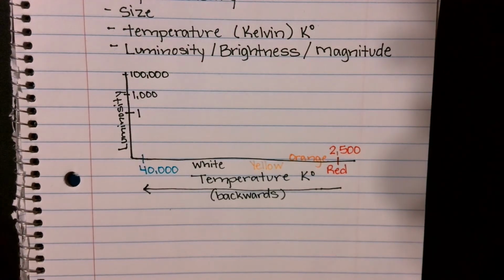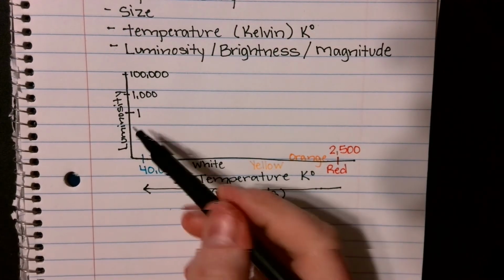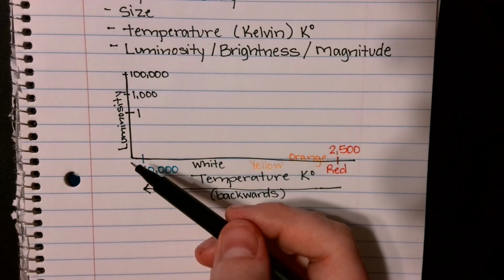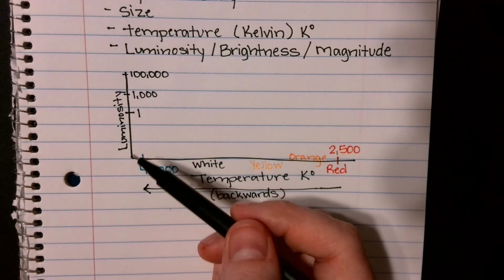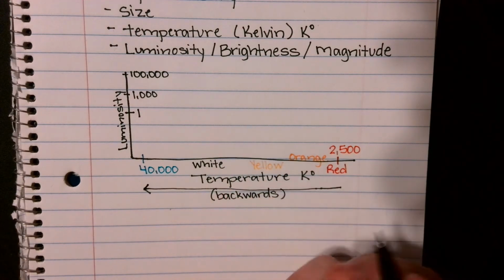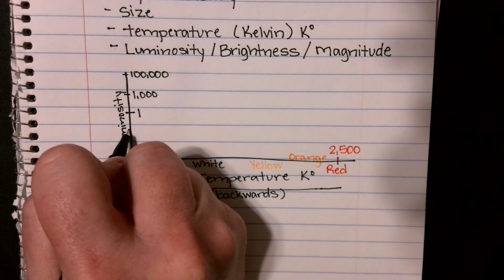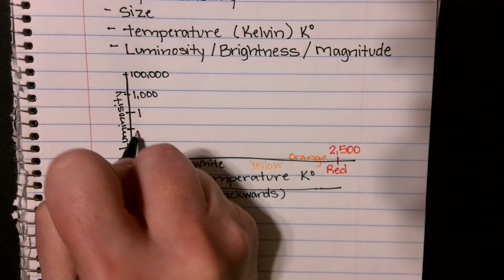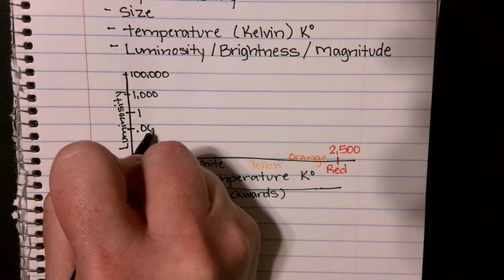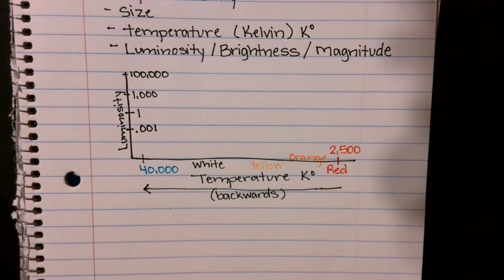Okay. Coming the other direction, these stars are actually going to be less bright than our sun. Think of the word dim, D-I-M. So these stars might be 0.001, which is 1,000th of the brightness of our sun.